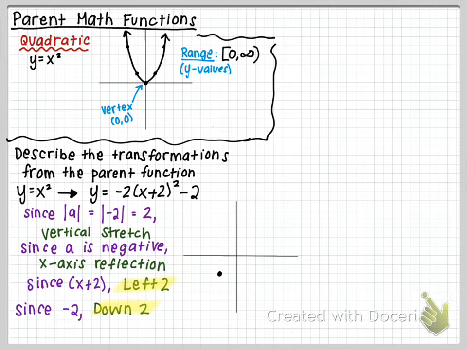It's going to make it skinnier. So I'm going to try my best right now to draw. See how it looks a little skinnier than up here, than that parent function? So that's all I'm asking you to do for right now. Okay? All I want to see is you're going left 2 and down 2 first. You know it's opening upside down, and you know it's skinnier because it's a vertical stretch. Got it? So those are the 4 pieces I just did.